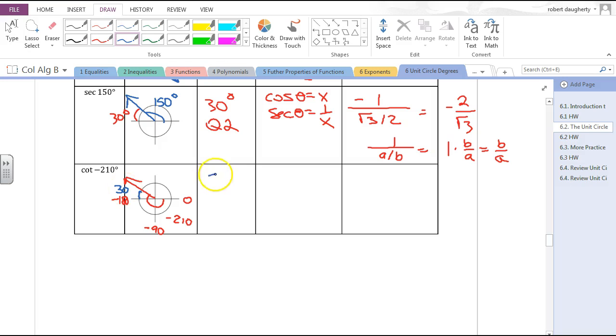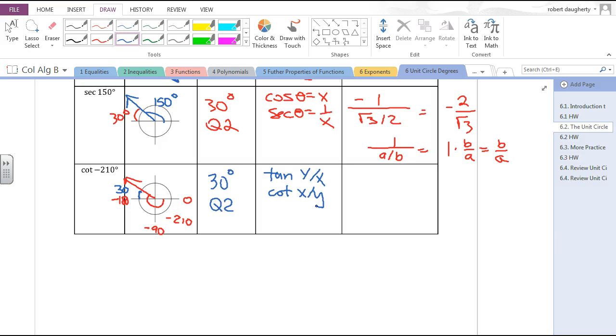So I'm talking about a 30-degree angle in which quadrant? Quadrant 2. What was the definition of tangent? Y over x. That means the definition of cotangent is x over y. So go to 30 degrees and figure out what x over y is.